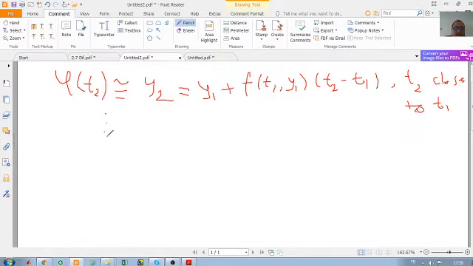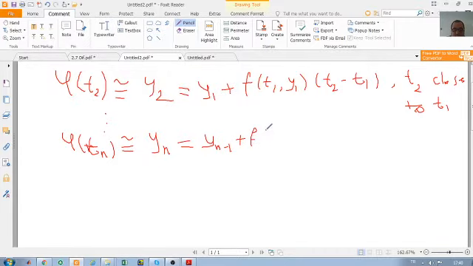And similarly, generally we can write phi of tn is approximately equal to yn, which is yn minus 1 plus f of tn minus 1, yn minus 1 times tn minus tn minus 1.